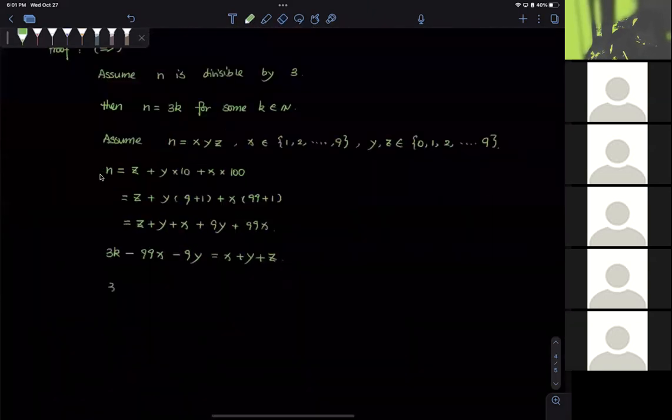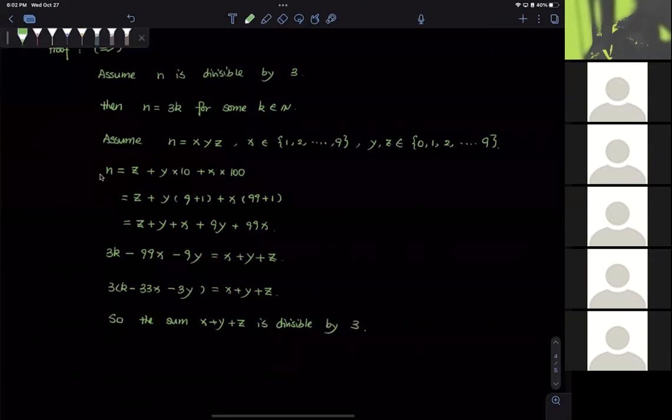So 3 times (k minus 33x minus 3y) equals x plus y plus z. So the sum of its digits is divisible by 3. That's the first direction. Question?